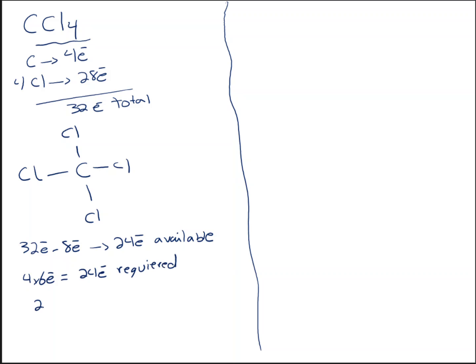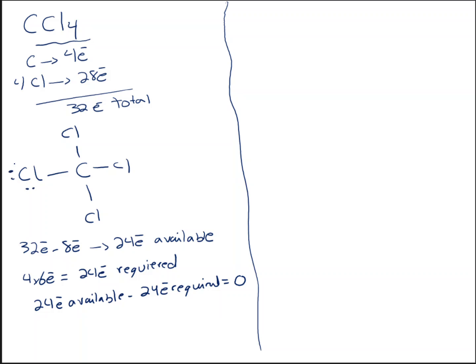Now, if we do available minus required, we end up with 0. So I don't expect extra lone pairs, I don't expect double bond or triple bond. So I'm going to distribute the 24 electrons that I had on carbon and each chlorine to make each one of them octet. Carbon doesn't need more electrons, however, each chlorine needs 6 more.